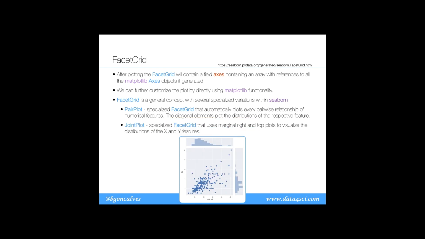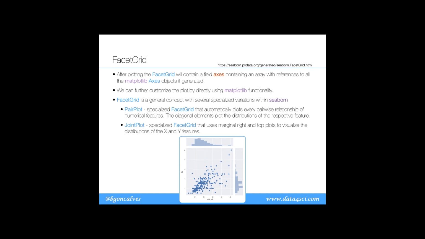Jointplot will generate a main plot in the center, and on the margins of this plot will generate the distribution of points along the x and y dimensions, as we have in this example here. And these marginal plots are useful when you're trying to understand the distribution of points in your data, both in the x and y dimensions.